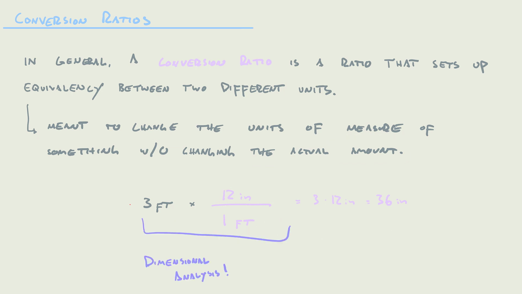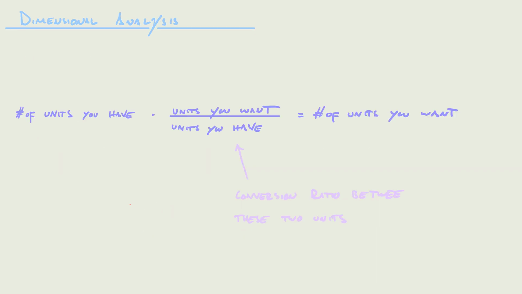This process, by the way, is called dimensional analysis. If you want to change the unit of measure for something, you have to perform a dimensional analysis process on it. And in general, dimensional analysis is if you have some number of units and you want some different units, you have to multiply by the corresponding conversion ratio between those two units.